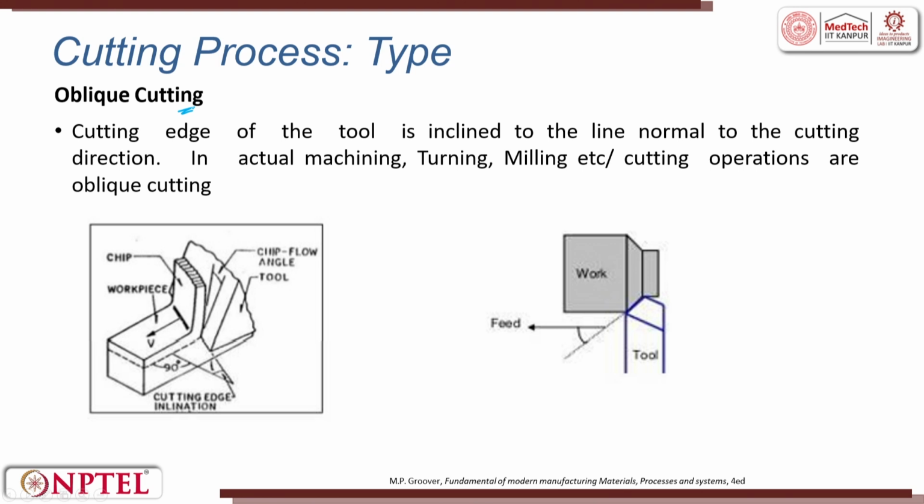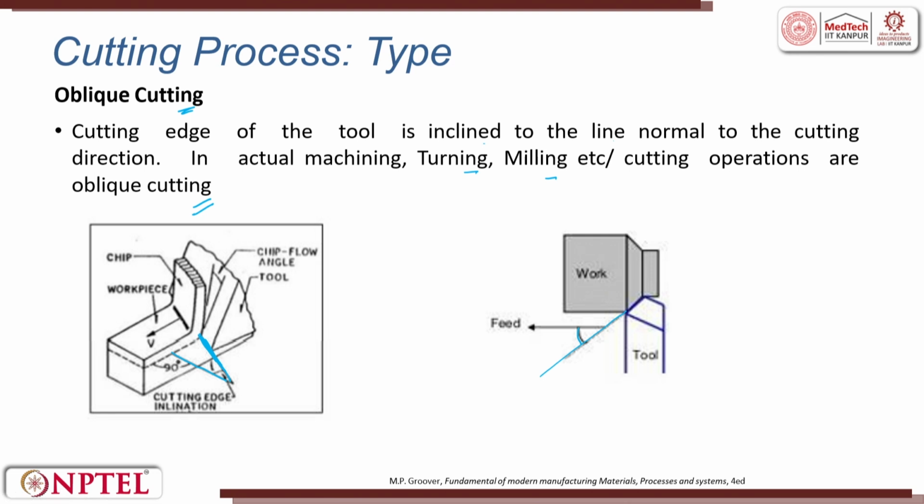Oblique cutting, where the cutting edge is at an angle. The cutting edge of the tool is inclined to the line normal to the cutting direction. In actual machining like turning, milling, etc., cutting operations are always oblique cutting. So, this is the angle and this is the feed which we have defined.